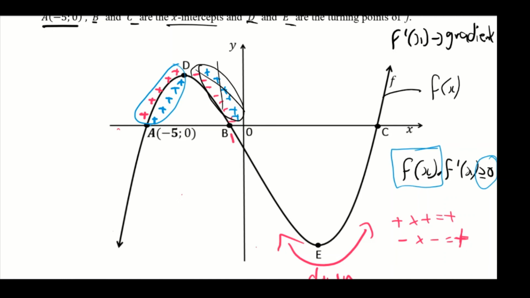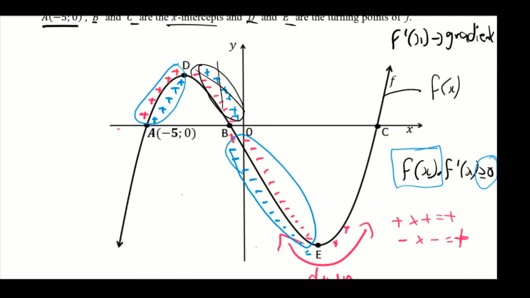The y values are negative at this point, and the gradient is decreasing, so it's negative, negative, negative. So this works because if you multiply a negative and a negative, it gives you a positive.